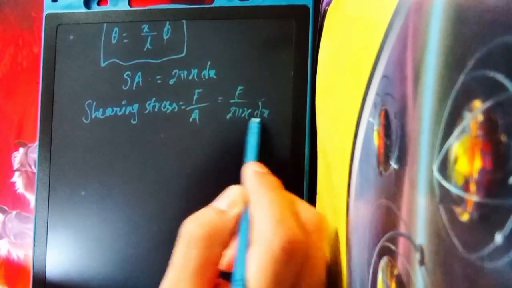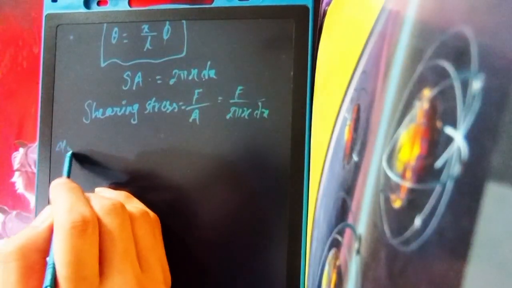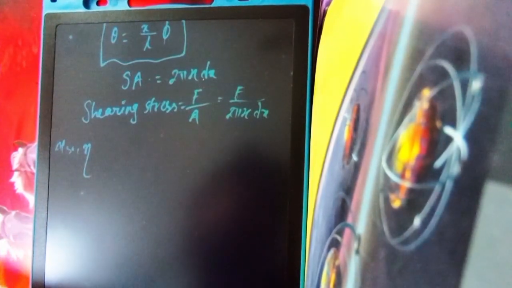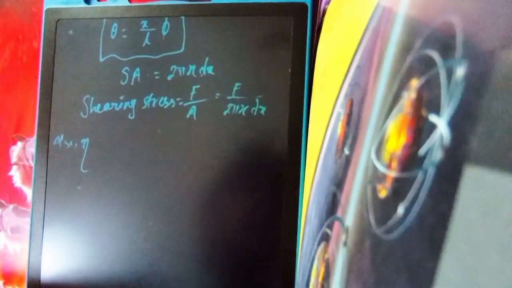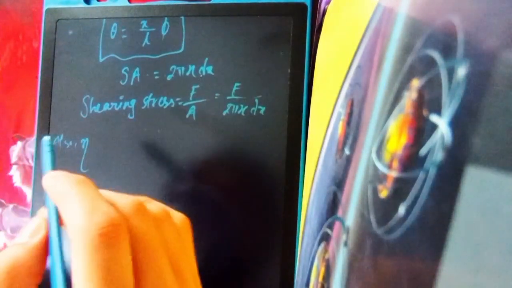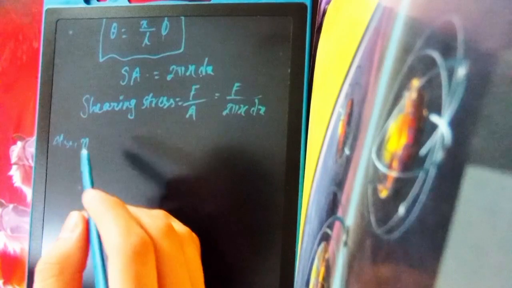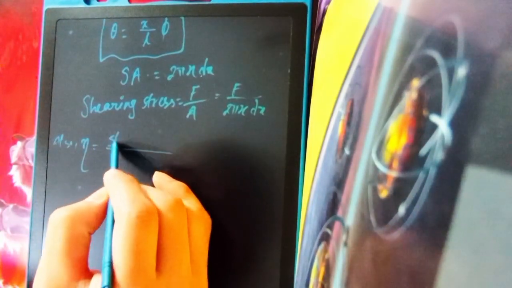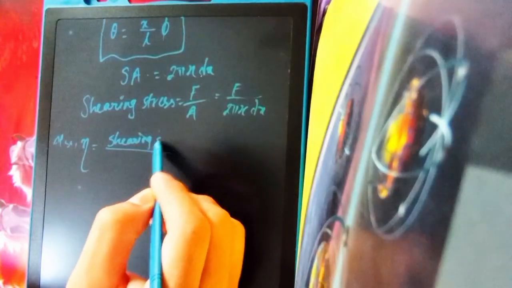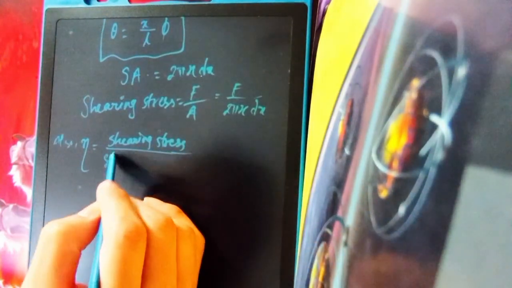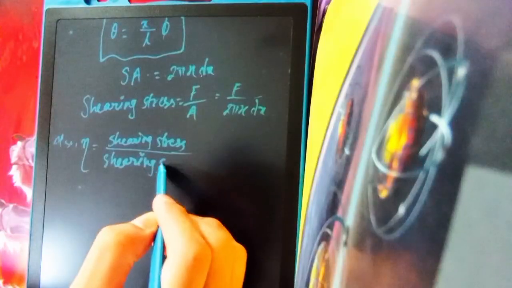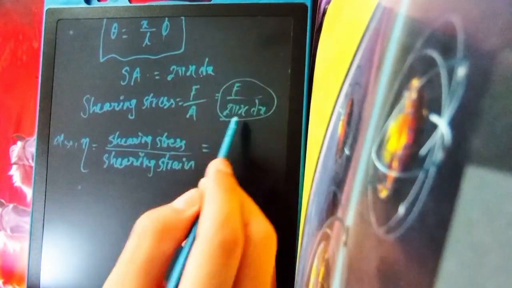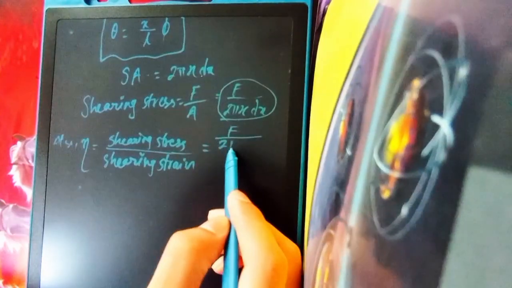Now we also know eta, the coefficient of rigidity, is equal to shearing stress upon shearing strain. It is different from the coefficient of viscosity, though both are denoted by the same symbol. And shearing stress we found is F by 2 pi x dx.